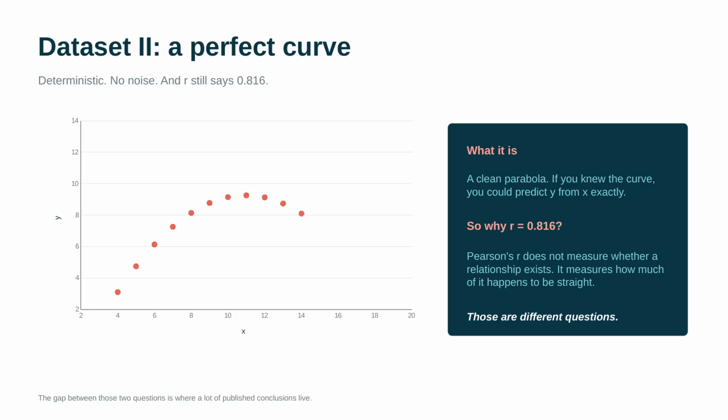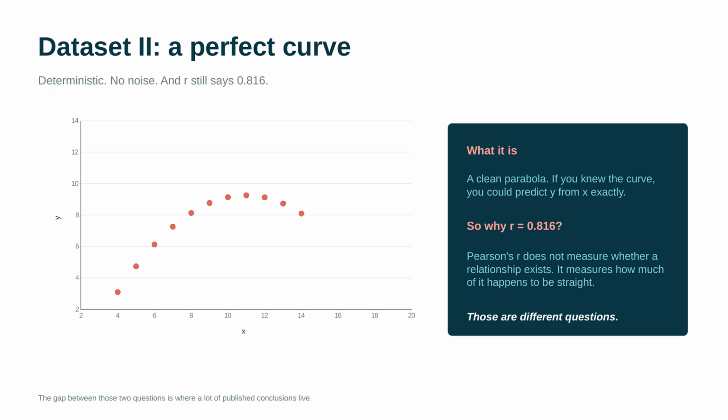Dataset 2 is a parabola. Not approximately a parabola. A clean, deterministic curve with essentially no noise. Now think about what the correlation is telling you here. 0.816. That is a strong linear correlation, and it is being computed on data that has no linear component at all in the way you mean it. The relationship between X and Y is perfectly deterministic.